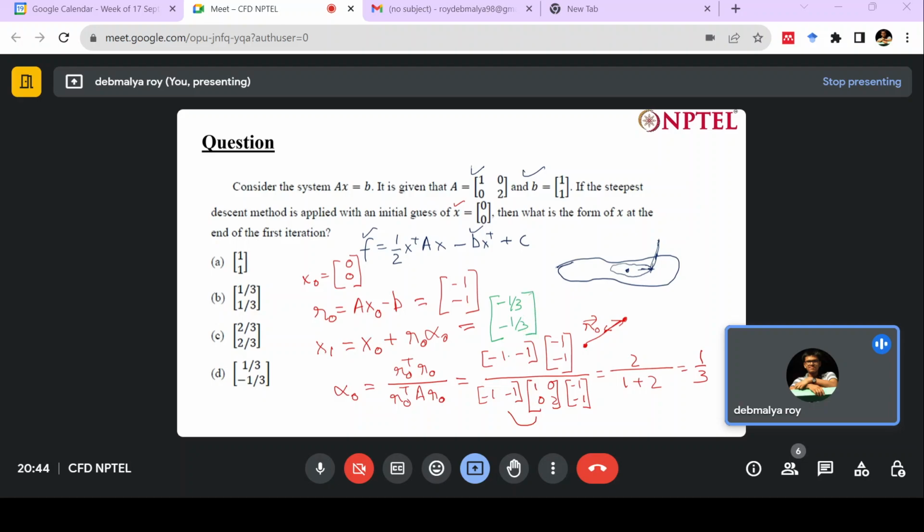I think I have done some mistake in sign. Can you check if there is any mistake in any algebra?